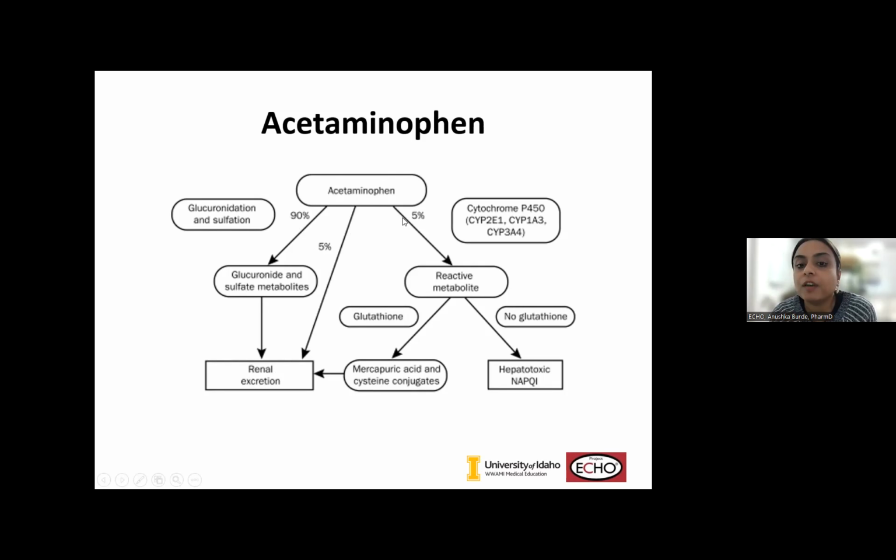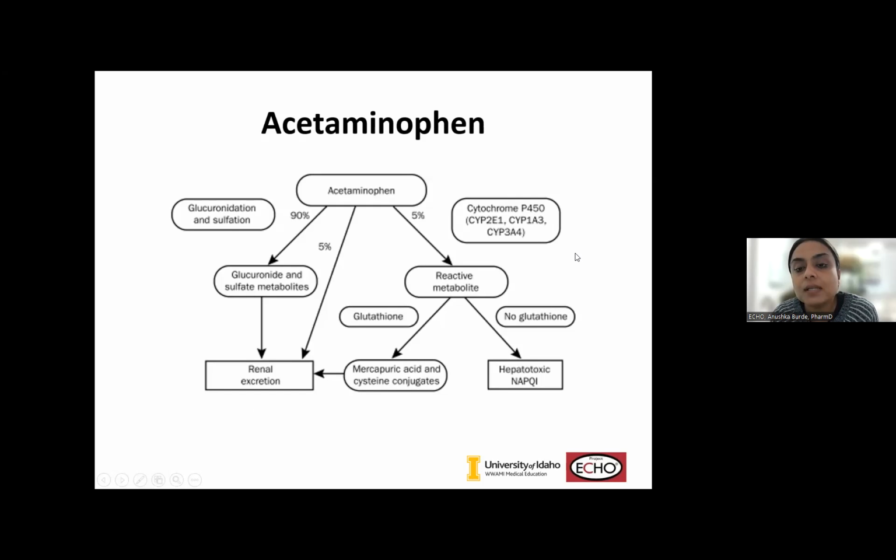Less than 5% is broken down by the cytochrome P450 enzyme into a more reactive metabolite. Because of phase 2 reaction, there is glutathione present in your body, right? Glutathione binds to this reactive metabolite, makes it more water soluble, and gets rid of it through the kidney.